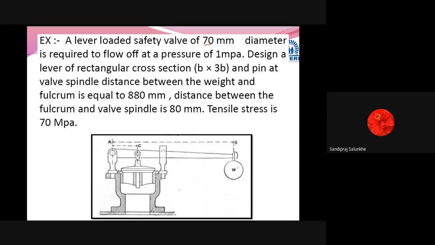Next, design a lever of rectangular cross section, with depth three times the breadth, and the pin at the valve spindle. Distance between the weight and fulcrum is equal to 880 millimeter.